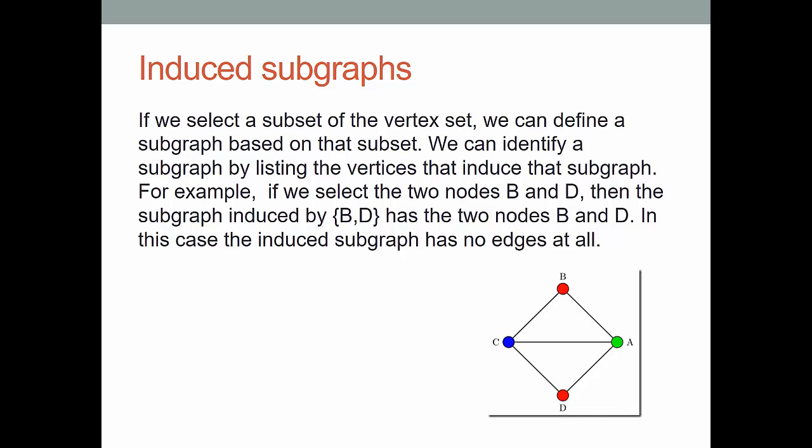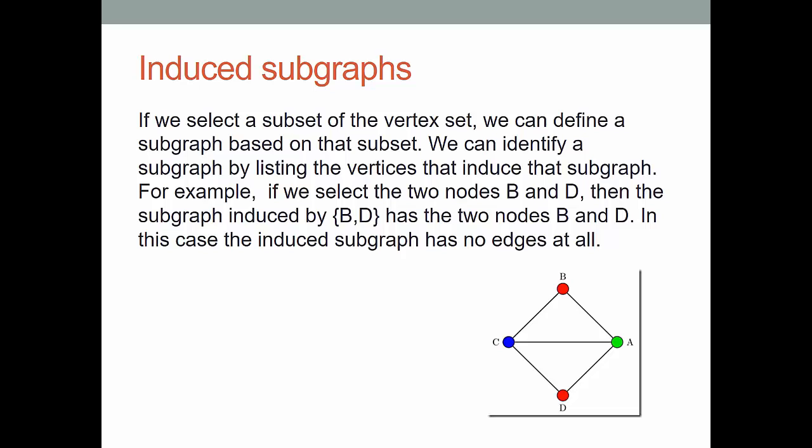So an induced subgraph. A subgraph can be induced by selecting a subset of the vertex set, or it can be induced by selecting a subset of the edge set. We're interested in a subgraph induced by vertex set in this lesson.